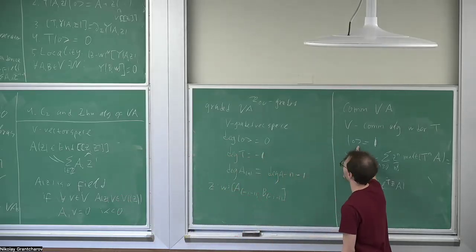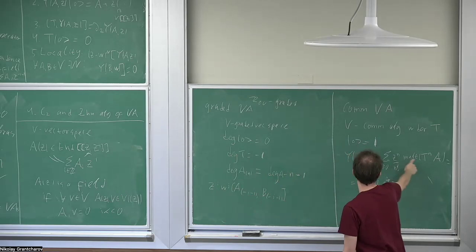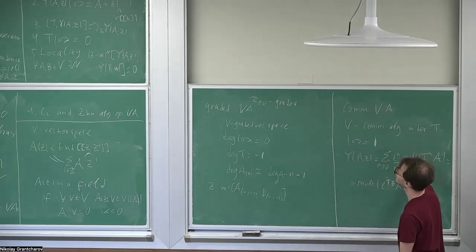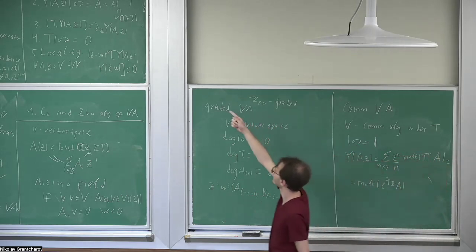The field corresponding to 1 is the identity, just because T1 is 0. By applying this to 1, I get A plus something else, which is also satisfied.